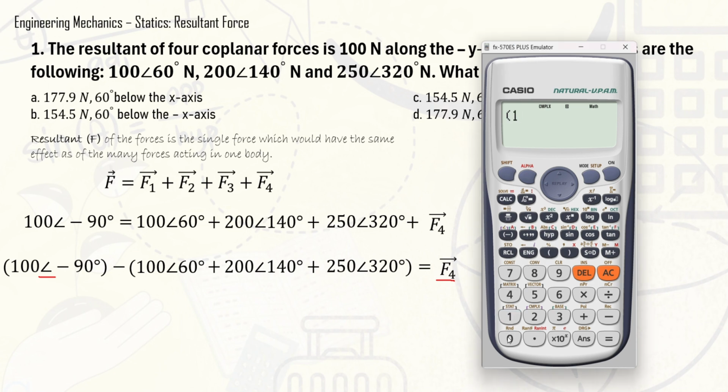Angle, open parentheses, 100, shift, angle, negative 90, and it's okay not to input the degrees unit, close parentheses, minus 100 angle 60 plus 200 angle 140 plus 250 angle 320, close parenthesis, and equals.